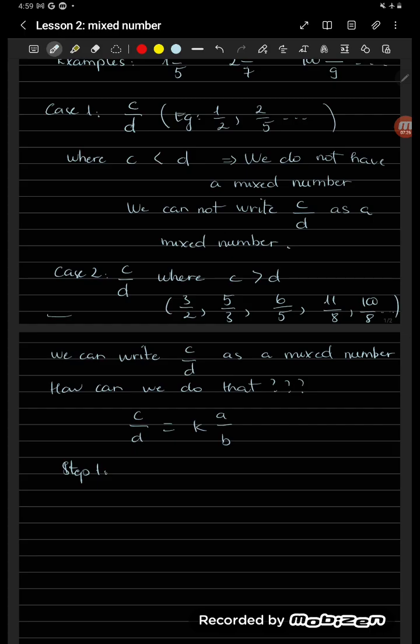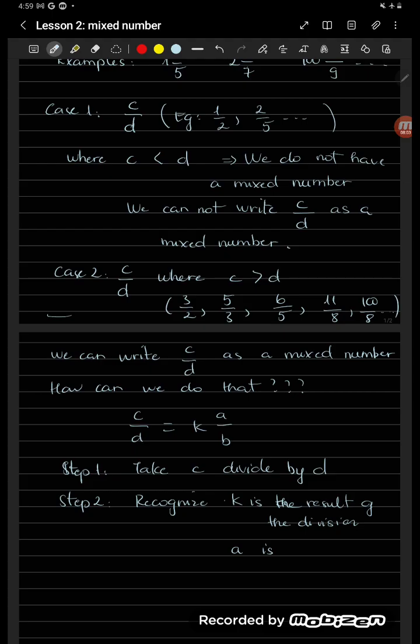Step 1, we take c divided by d. Step 2, we recognize k is the result of the division, a is the remainder.